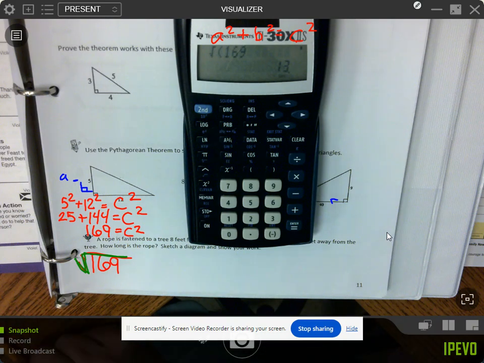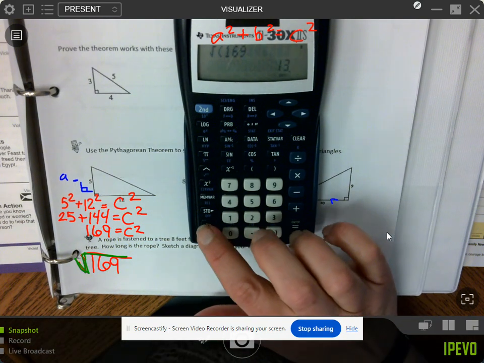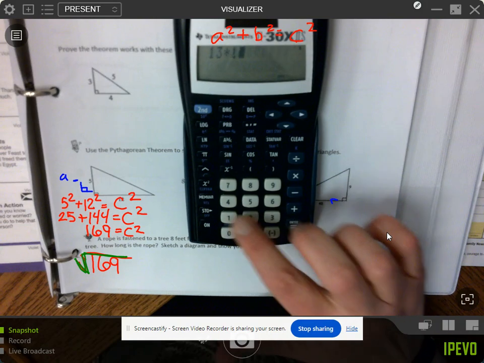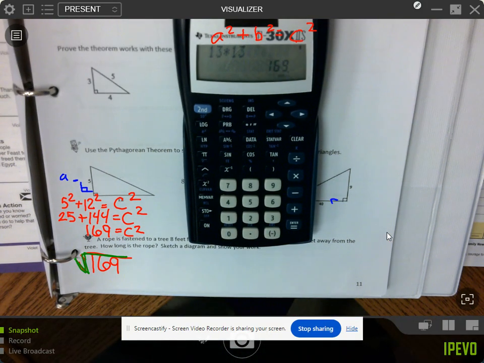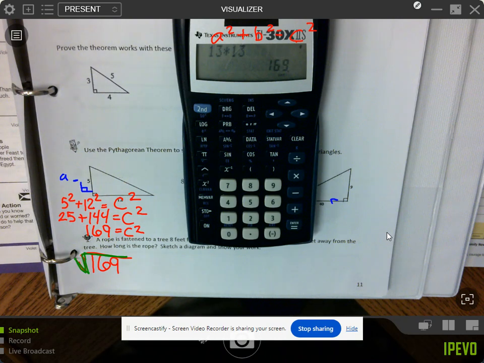The way to double check it is to say, does 13 times 13 equal 169? It does. So the square root of 169 is 13. So C equals 13.